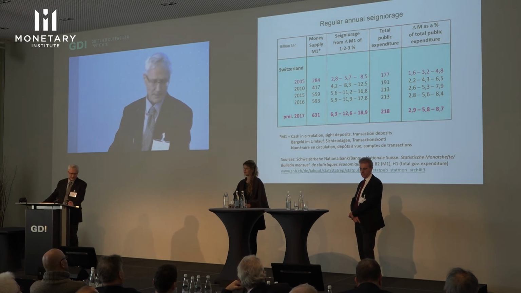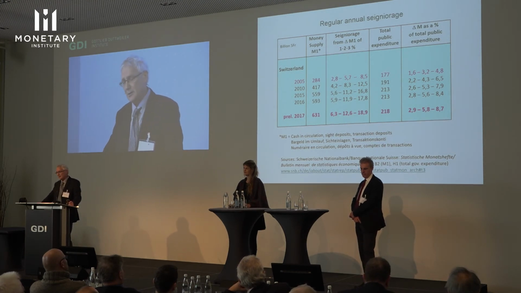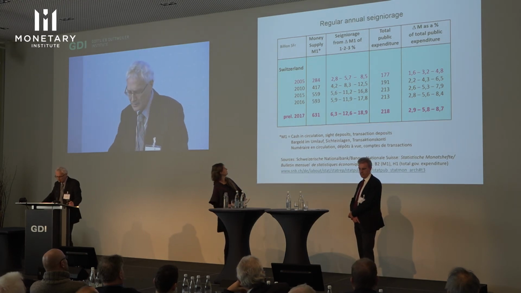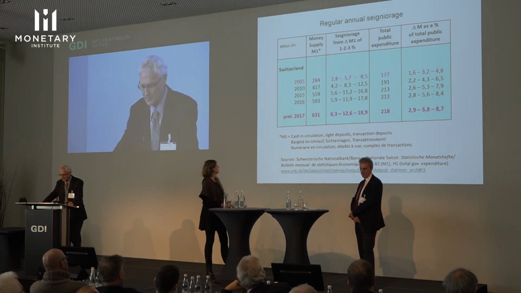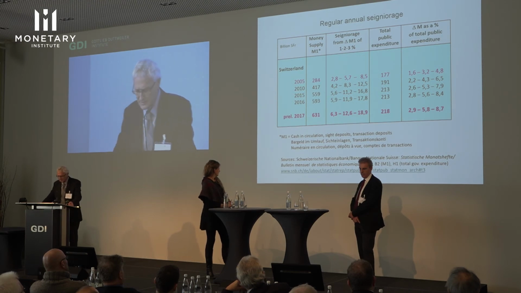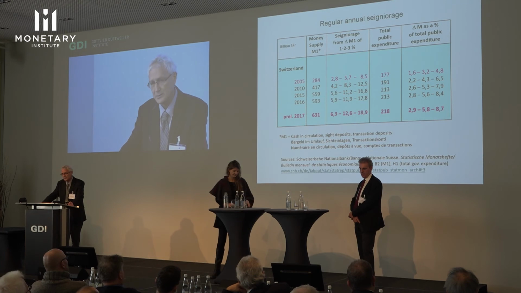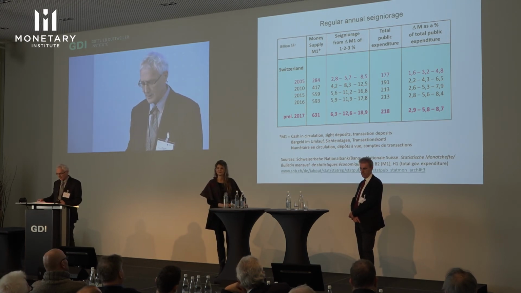And the regular annual seigniorage in Switzerland, to get an idea of the magnitudes we are talking about, would be, for each percentage point growth, 6 to 12 to 18 billion Swiss francs, which is quite a nice amount of money.